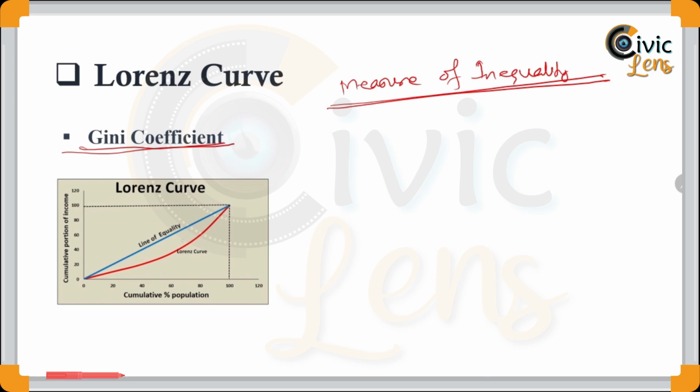In the Lorenz curve, the area between the line of equality and the Lorenz curve, let's call it A, and the area between the Lorenz curve and the rest of this square, let's call it B. Then the Gini coefficient is equal to area A divided by area A plus B.